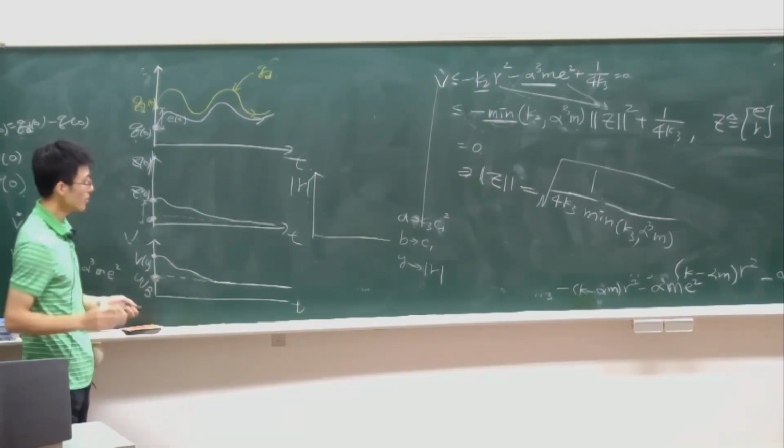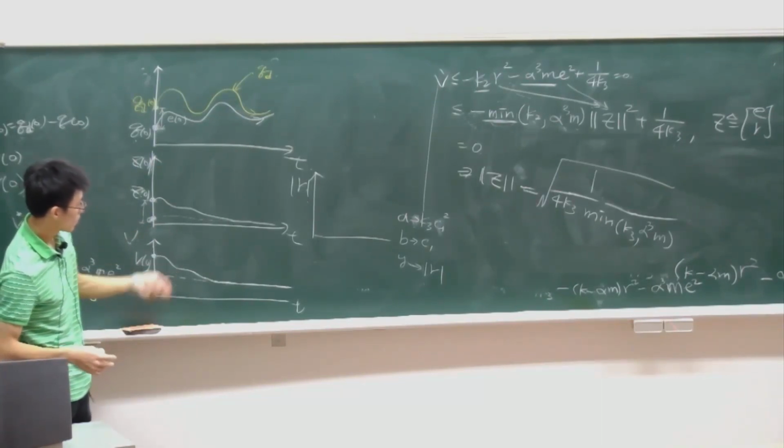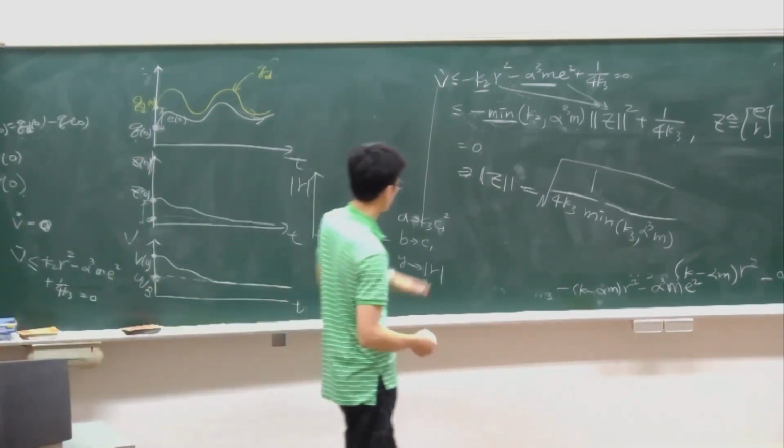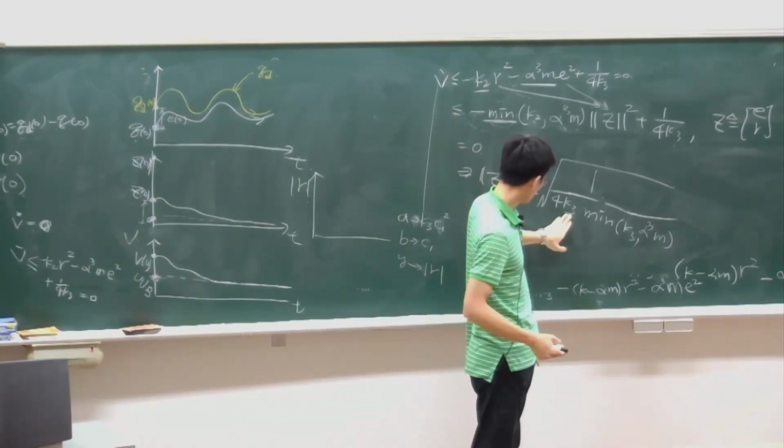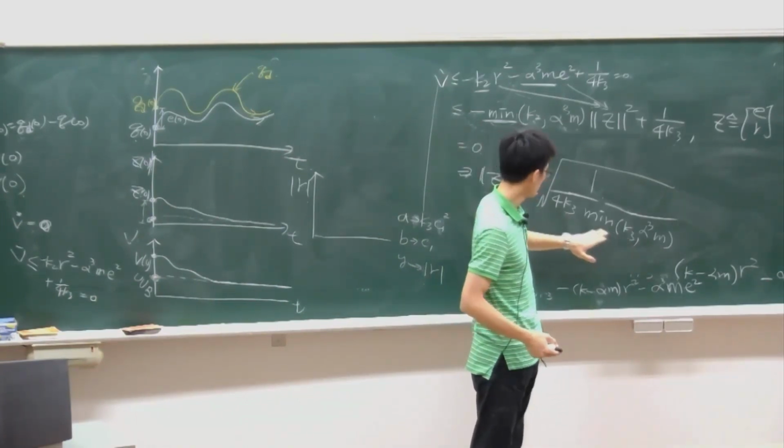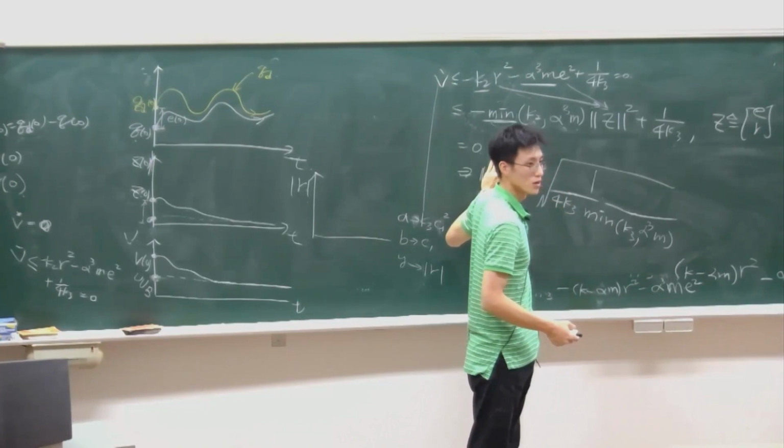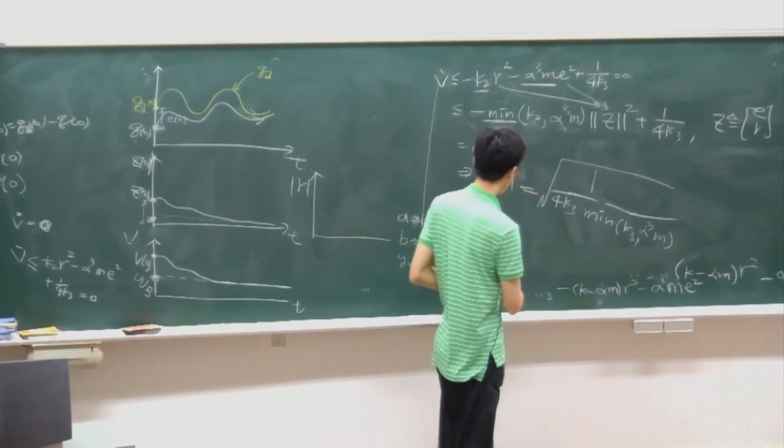And there is physical meaning in this value, right? You see K3 here, K3 here. If you increase K3, this value will decrease, right?